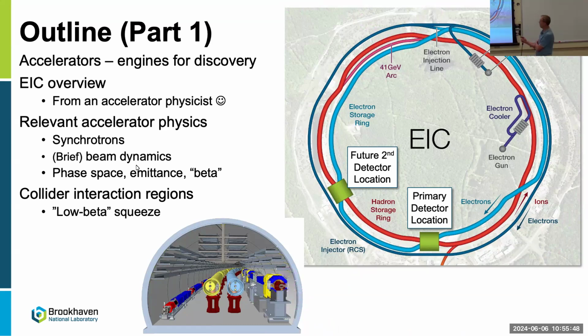Okay, those rings intersect in several places, but really the beams collide only in two places. There is a primary detector location, and then there is a future detector location where these beam lines truly intersect.